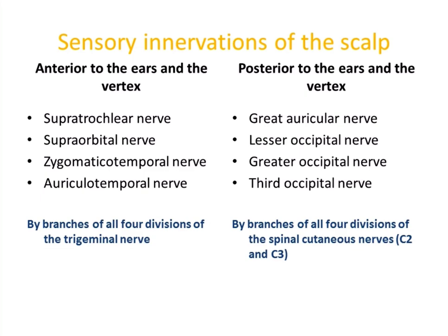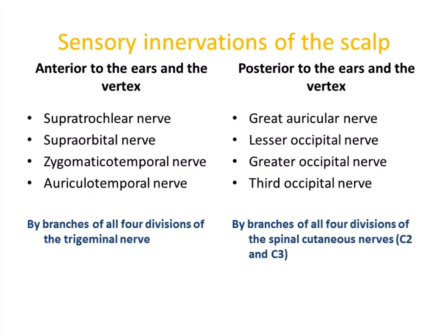The branches of the cervical nerves, C2 and C3, which supply the scalp behind the vertex, are the great auricular nerve, the lesser occipital nerve, the greater occipital nerve, and the third occipital nerve.